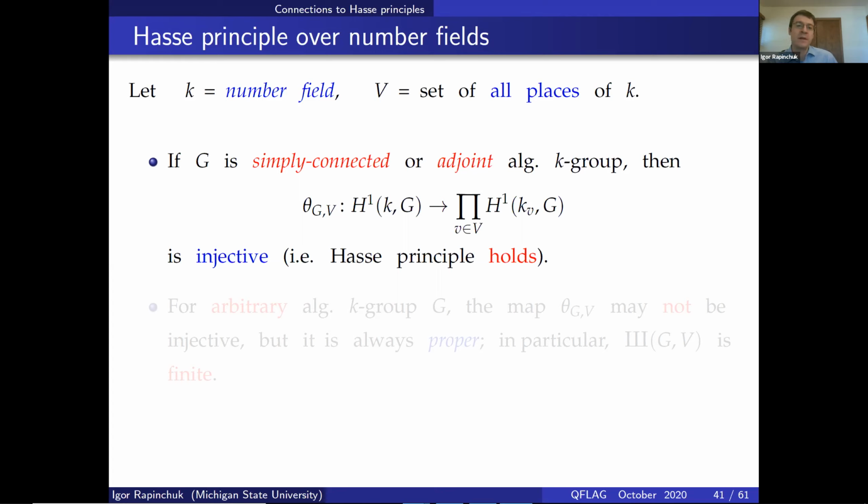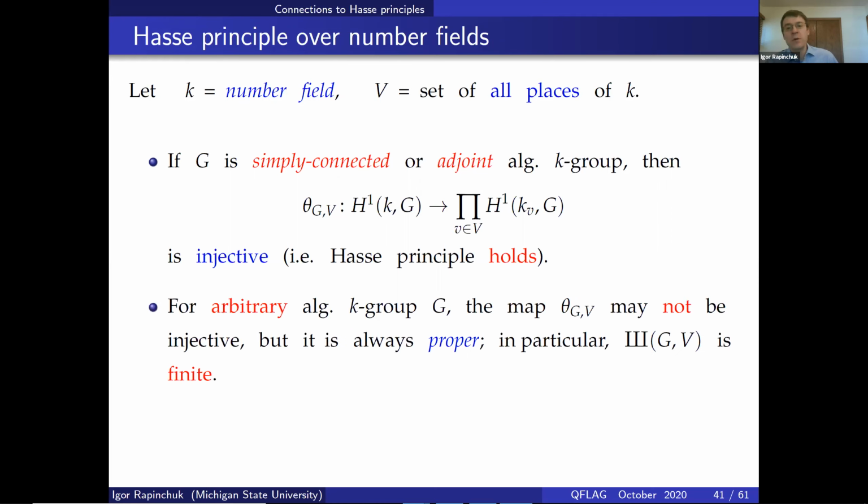In other words, the global to local map is injective. On the other hand, it's known that this map may not be injective for arbitrary algebraic groups. But the thing is that it's always proper. That is to say, the pre-image of a finite set is finite. In particular, this means that the Tate-Shafarevich set is always finite.